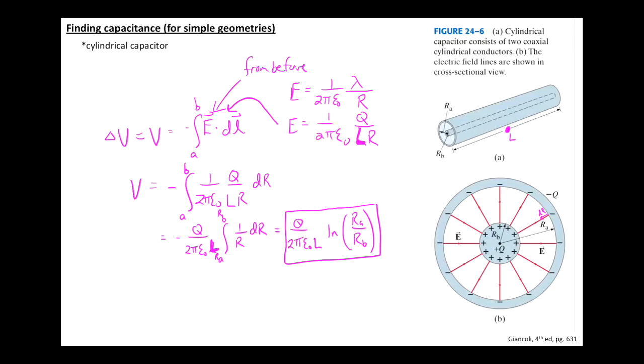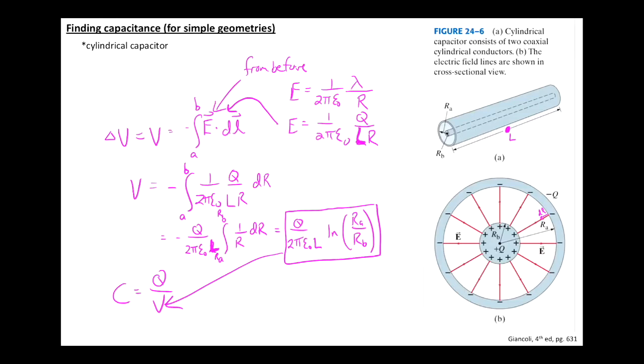What's the next step? What did we do next to find the capacitance? Stunned silence. What was it? C is Q over V. So we're going to use that equation and just plug that in, okay? And that'll give us an equation for the capacitance of a cylindrical capacitor, and then you can use that equation to help you with that particular homework problem.